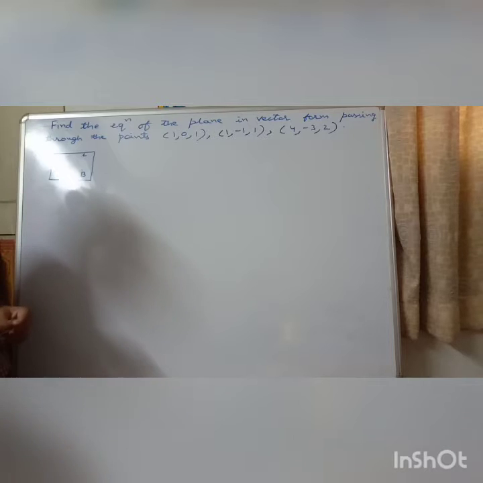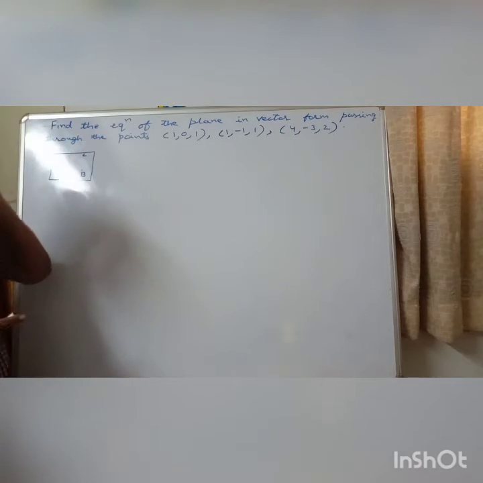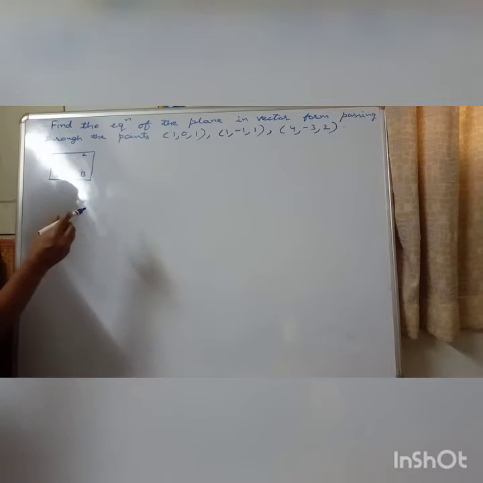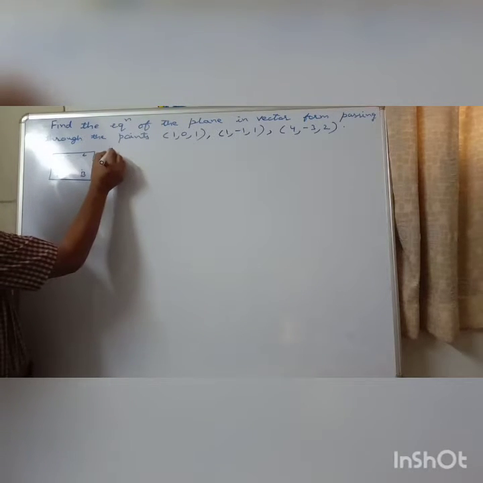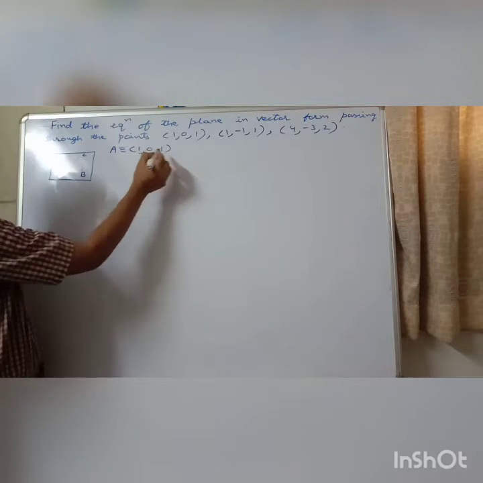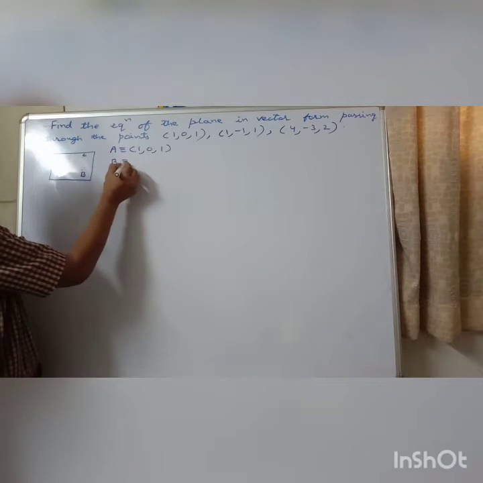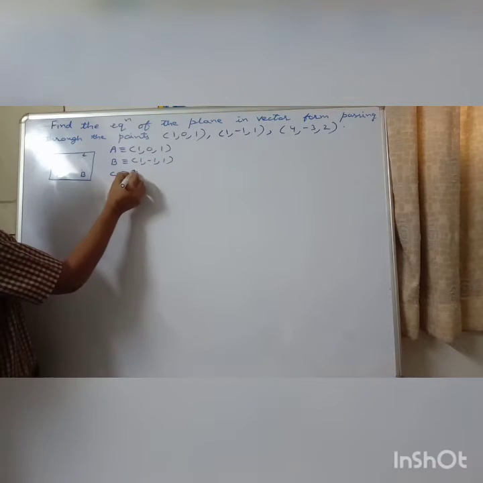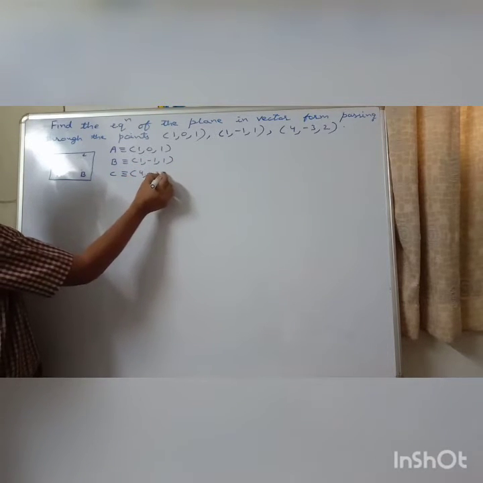The only additional thing is that here coordinates of the points are given. From that we have to find their position vectors. So we shall consider the given points A (1, 0, 1), B (1, -1, 1), C (4, -3, 2).